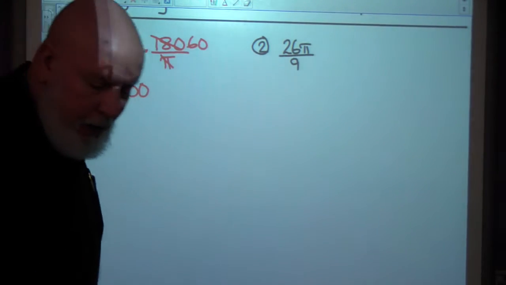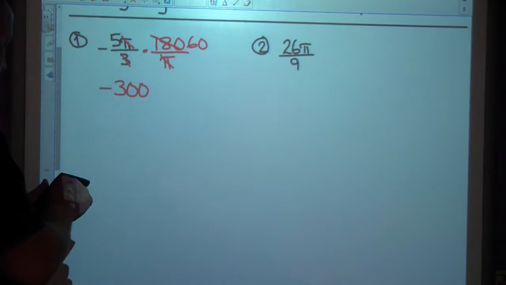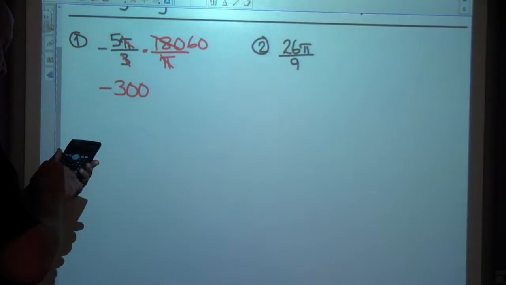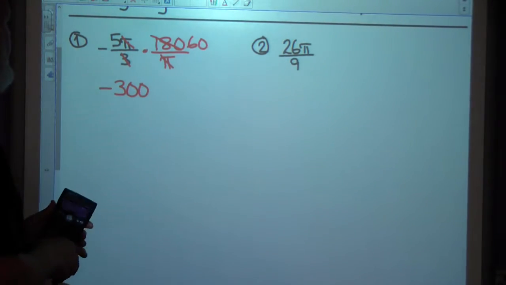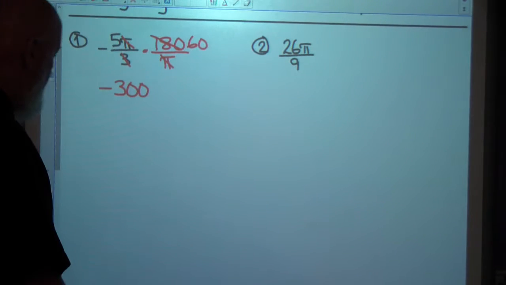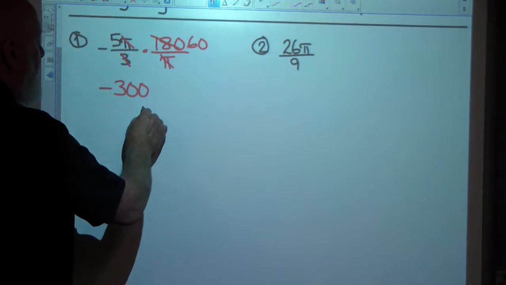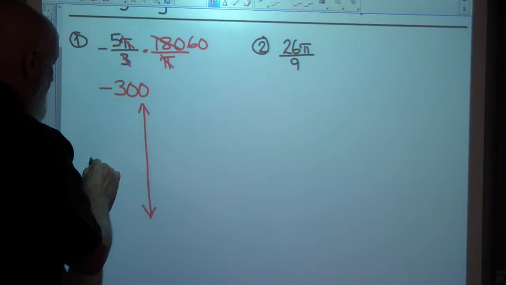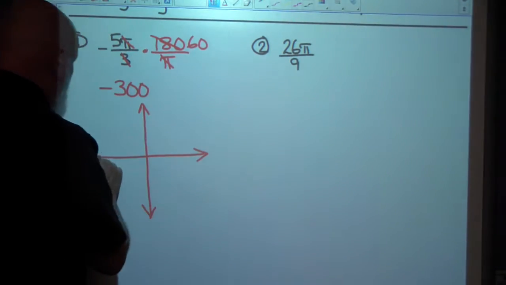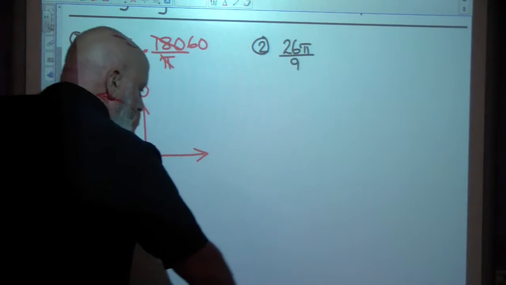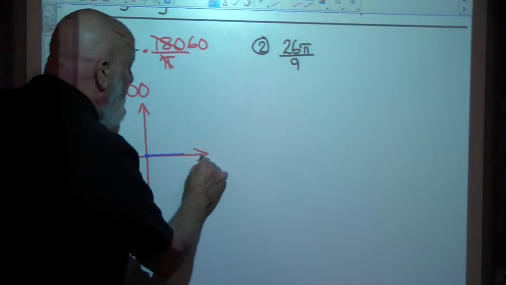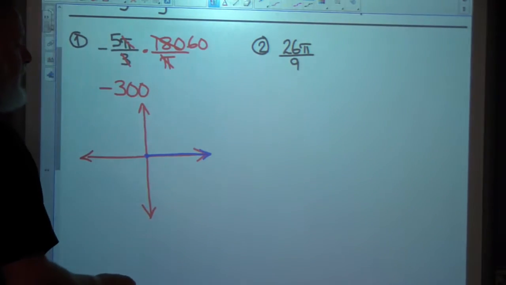I'm going to go ahead and check that with my calculator. Yeah. And if I were going to graph or sketch that in standard position, the initial side of my angle is the positive x-axis.